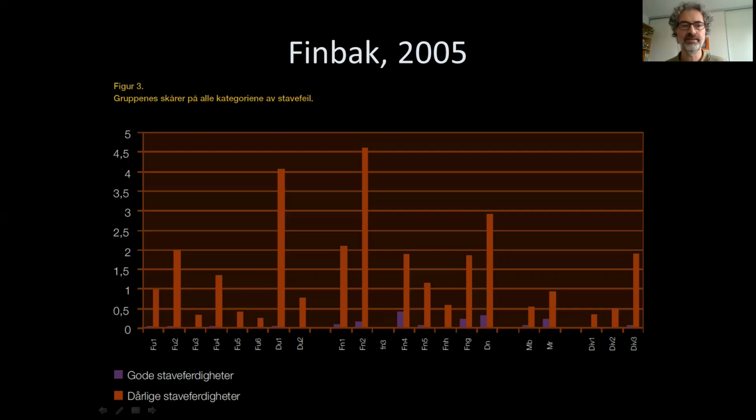For poor spellers, in addition, an extremely challenging category is the double consonants. So this is the most challenging aspect of the Norwegian orthography, to master the fact that vowel length is indicated by the following consonants.